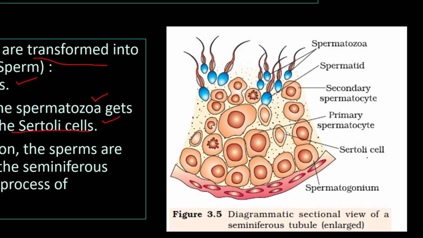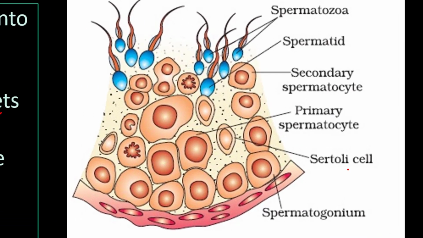Now on this side you can see the picture depicting the sectional view of the seminiferous tubules. This is the wall of the seminiferous tubule. Near the wall, or the inner lining, you can see the spermatogonium here.